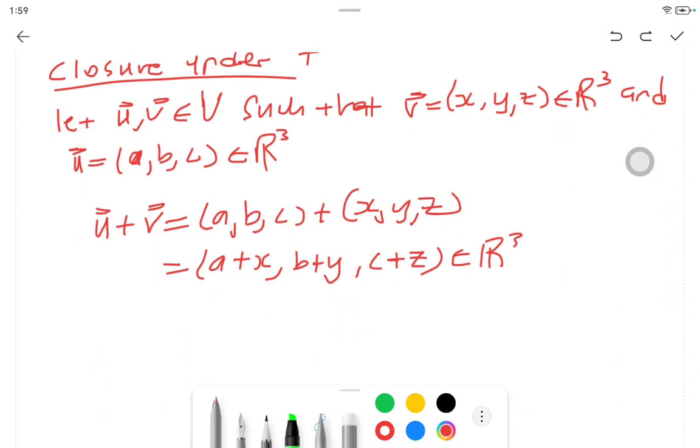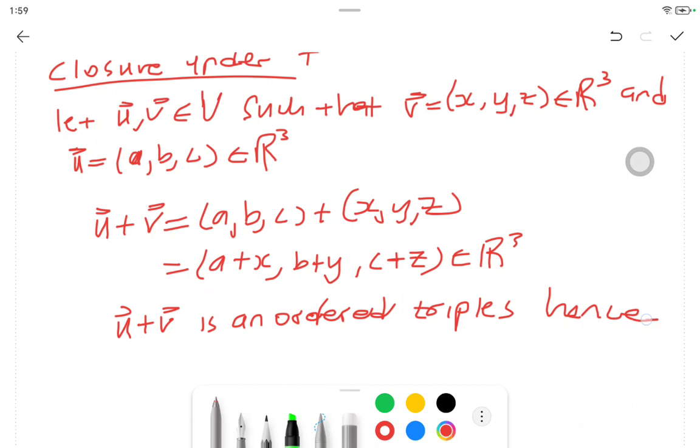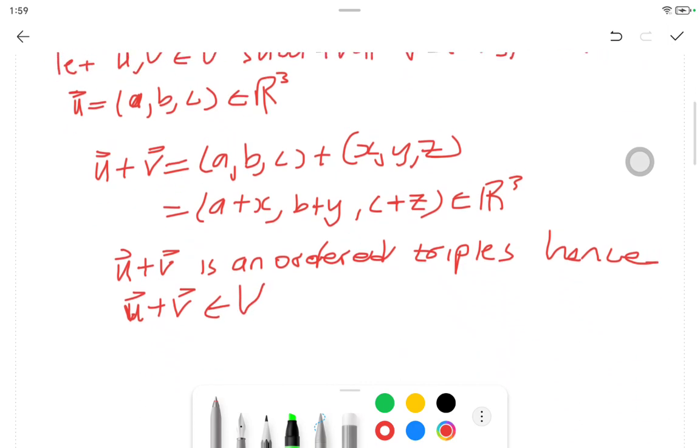So it is an ordered triplet. Hence, u plus v is an element of V. Then closure holds under addition here.